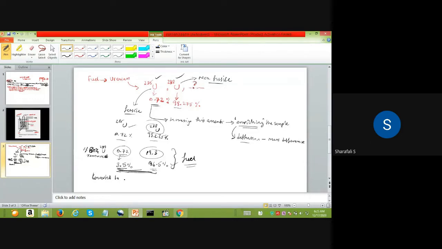First you have to make it powder, so first convert into oxide powder, and then it has to be converted into pellet form. I don't know whether you know these pellets. Pellets have to be made from this oxide powder.